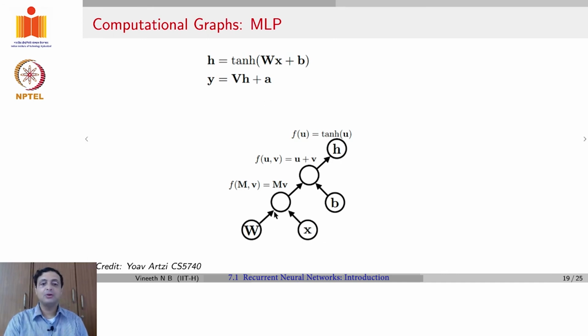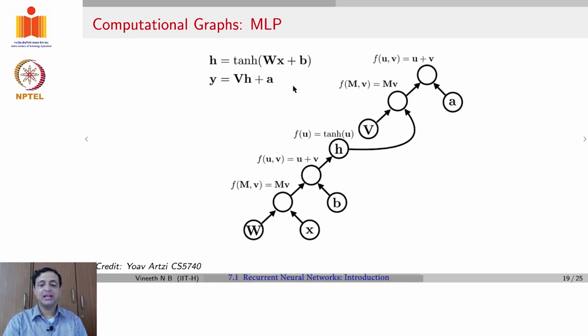If this was a mathematical representation of a feed-forward neural network, your corresponding computational graph would look like this: your first inputs are W and x. Based on that, you get a certain output here, and then you combine that with plus b, and you get a certain output, and then finally you take that and apply tanh to get tanh of u. So this first step can be represented as a computational graph that is a sequence that takes W, x and b as inputs and outputs h.